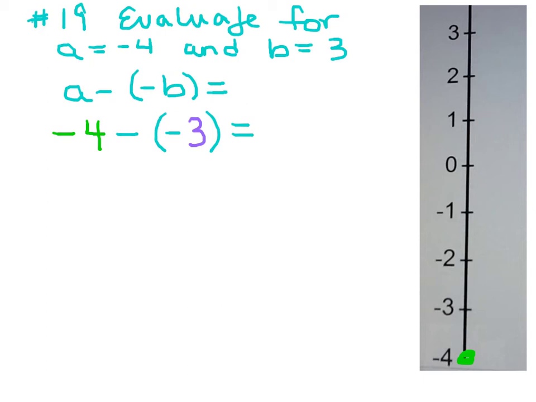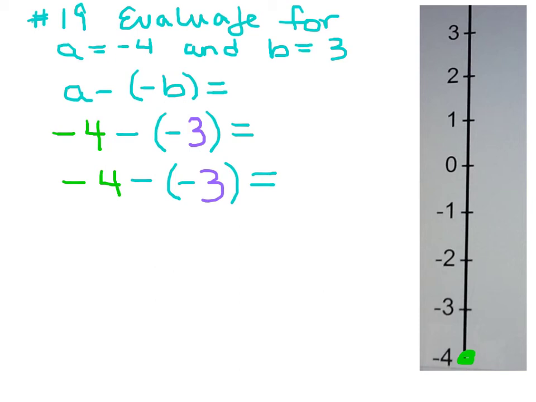Okay, so another way of thinking about that is we're going to rewrite this as an addition problem. So that's going to give us -4, and we have what we had before, minus a -3. Okay, so this tells us once again that we're going to change both signs.